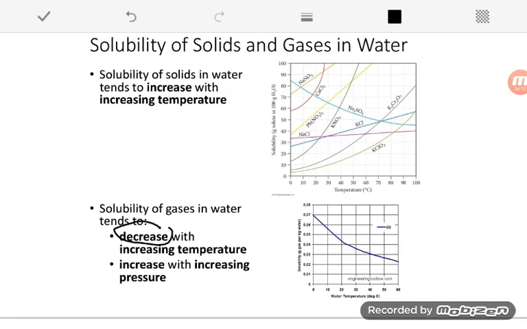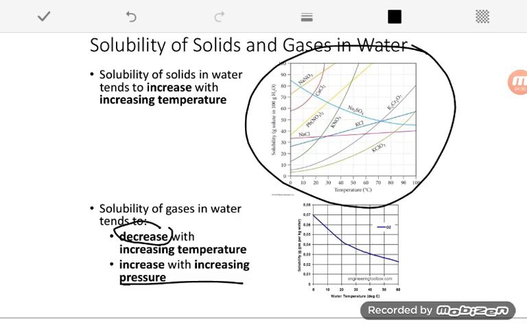So as you heat up your solution, the gas actually starts to come out. However, it does increase with increasing pressure. That's how they can force so much carbon dioxide gas into your soda. They put it under high pressure in a can, and it forces it to stay dissolved in that solution. So we should be able to use the terms unsaturated, saturated, supersaturated, and know these general trends, as well as read a diagram that looks like this.